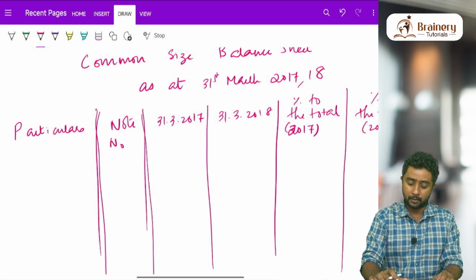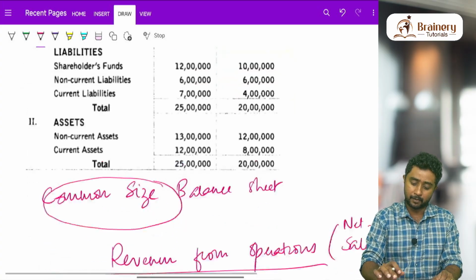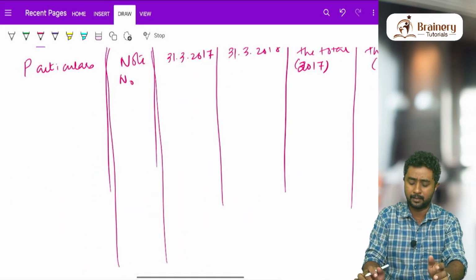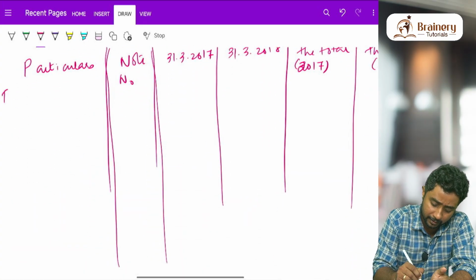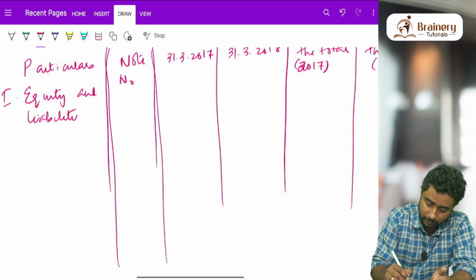Now what we are going to do here is go to the question and take each amount. We will write the balance sheet in the same way as it is given here. First we will write equity and liabilities.